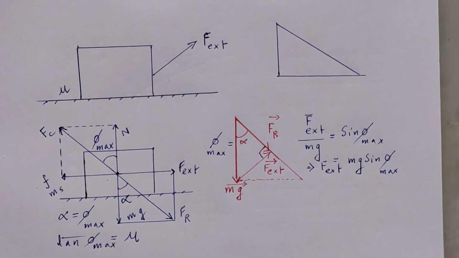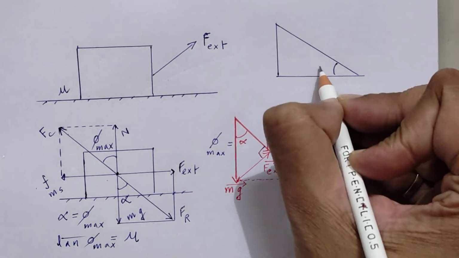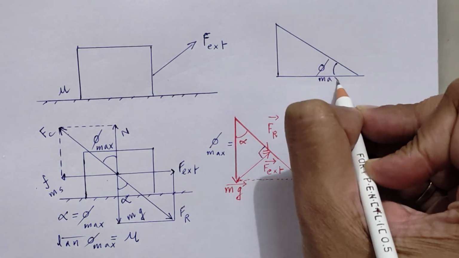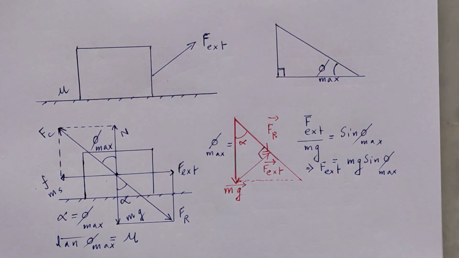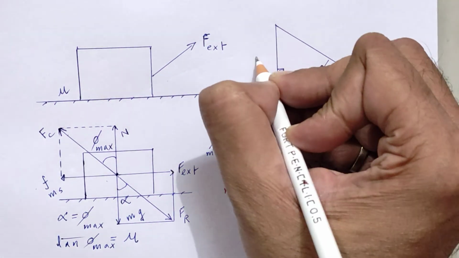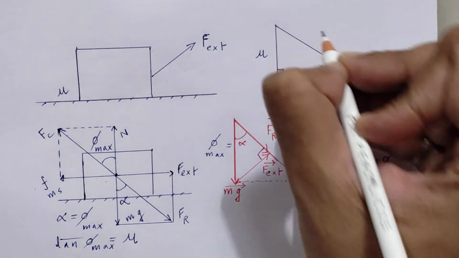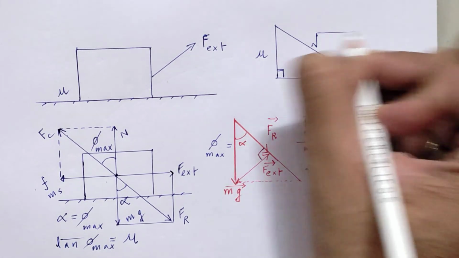I have drawn a right angle triangle, it has got nothing to do with this problem, it is pure geometry. If this is phi max, tan phi is perpendicular by base. What is perpendicular? Mu. What is base? 1.